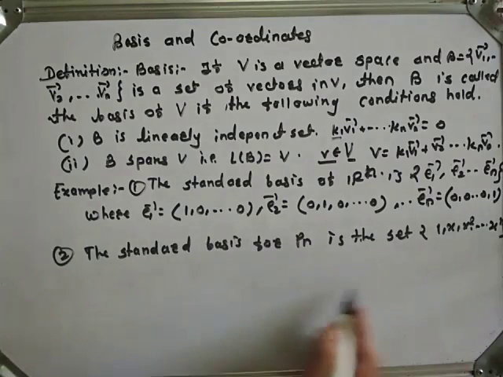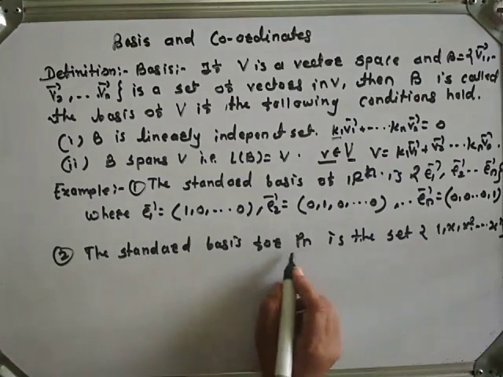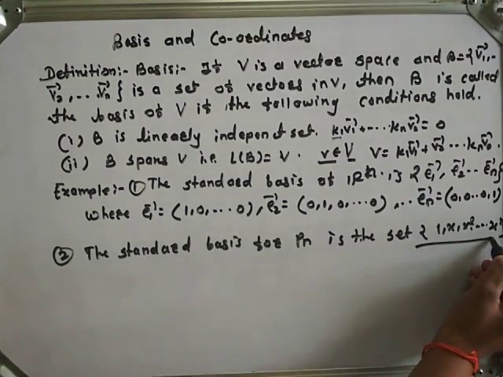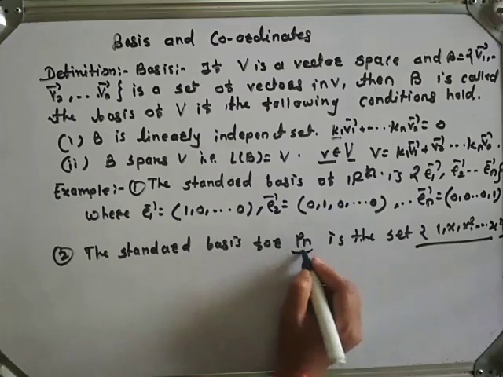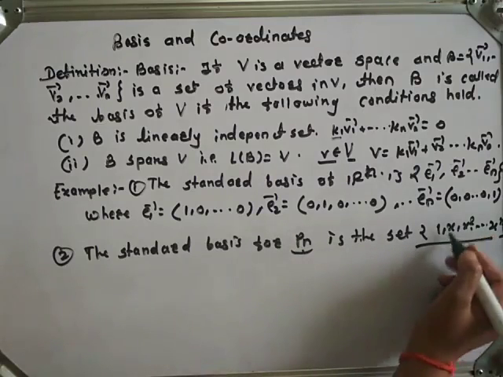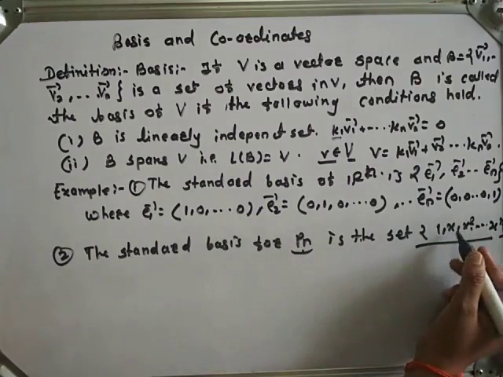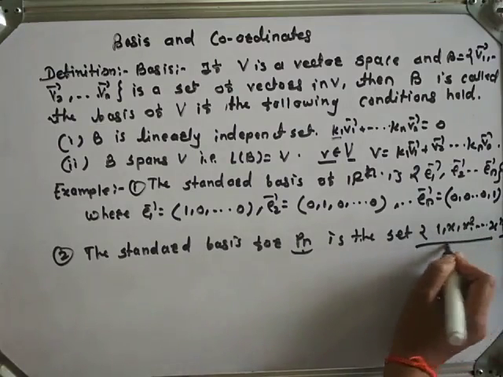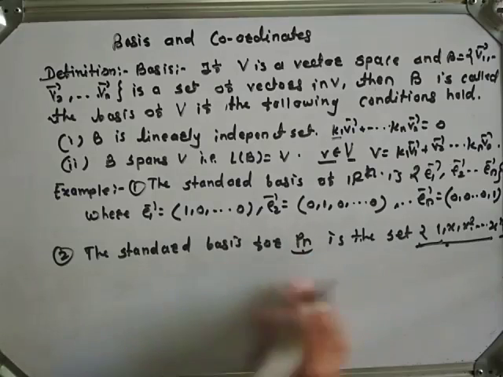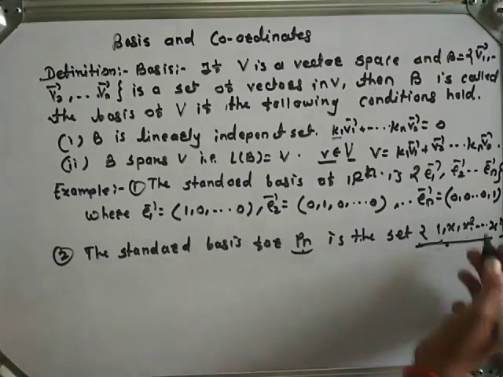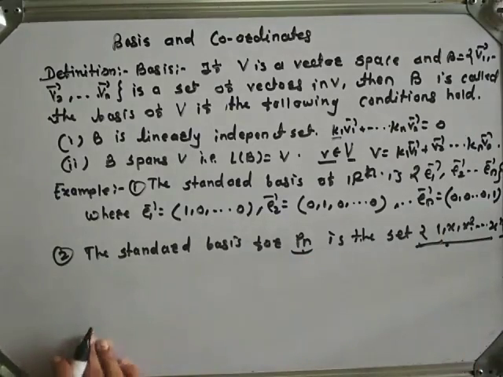This means this set is linearly independent and every vector in Pn can be expressed as a linear combination of elements from this set. That's why this set forms a basis, and this basis is the standard basis for Pn.